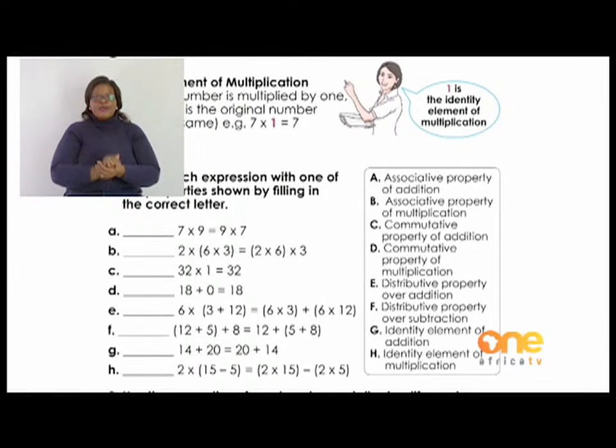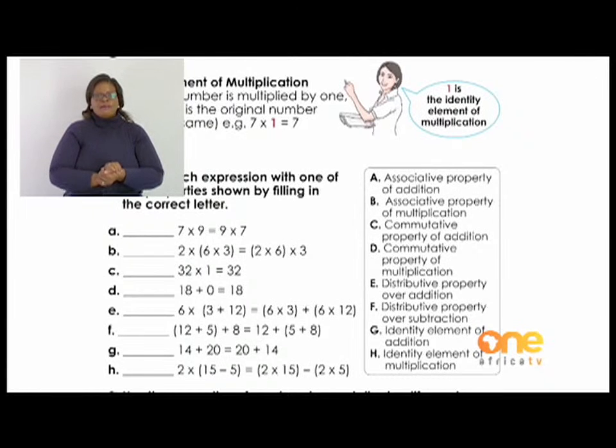Dear learners, product in mathematical language is an answer to multiplication. I will repeat again. If I ask you to find a product, you need to multiply, meaning product is an answer to multiplication.